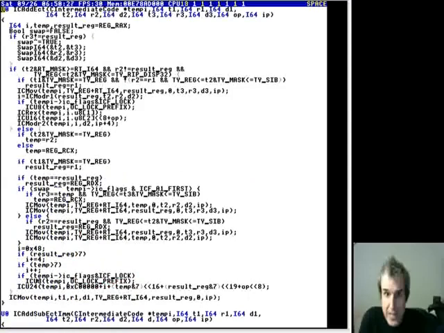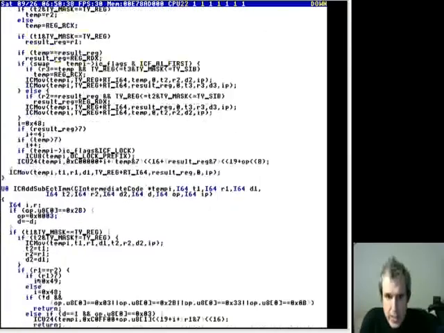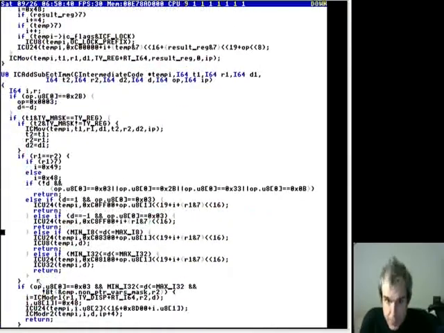So in my back end, we make machine code right in the back end, not assembly code.